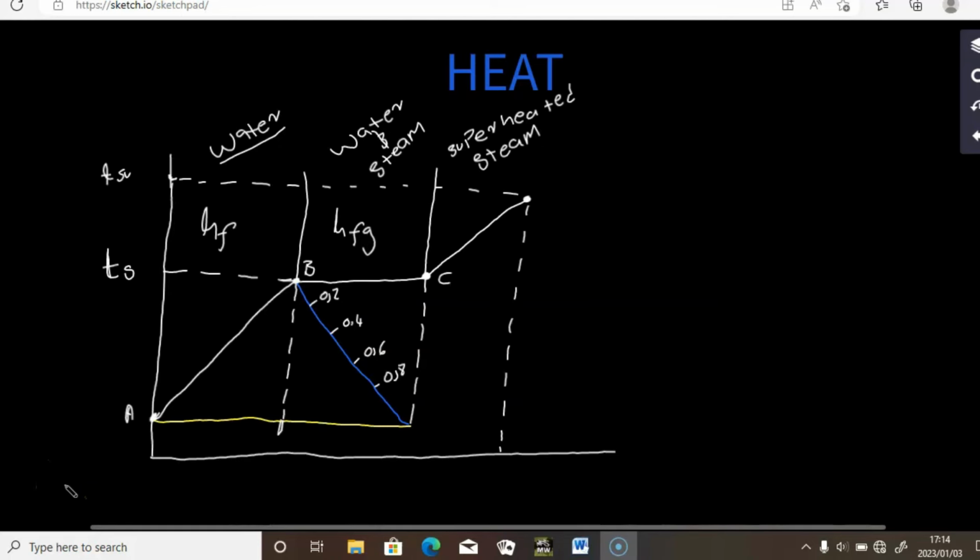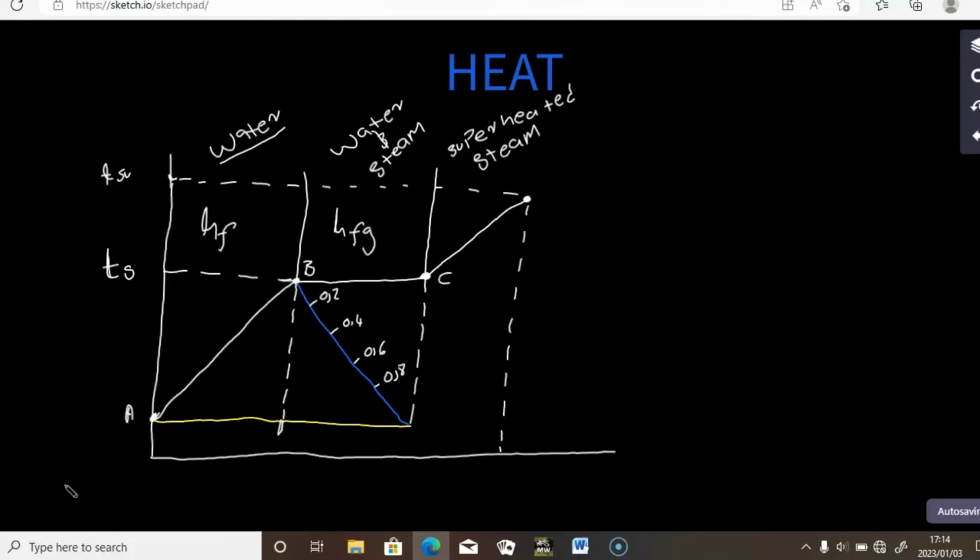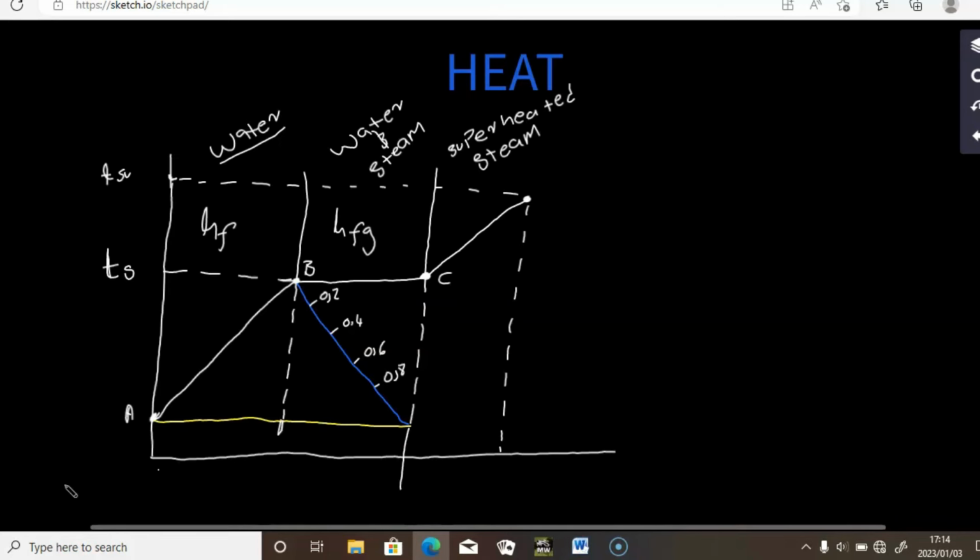So at point C, we said we are having dry steam. From here to here, that will be the enthalpy of dry steam.